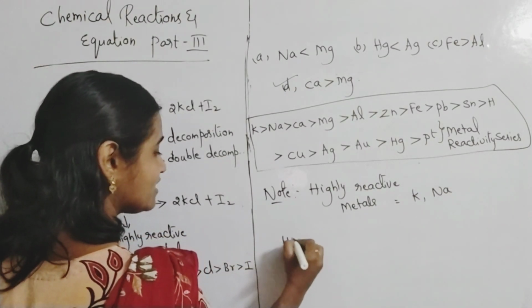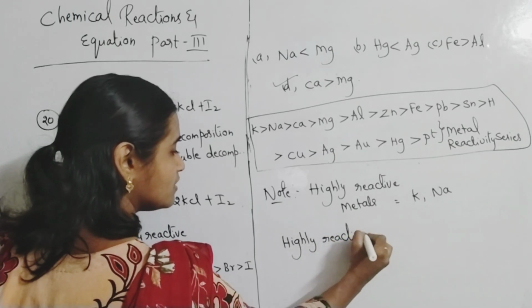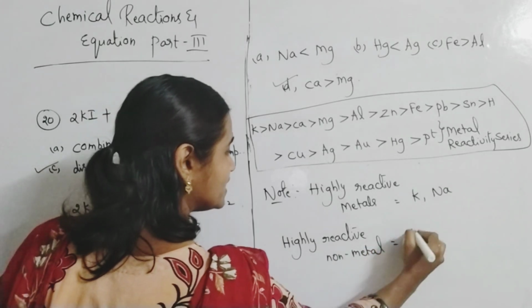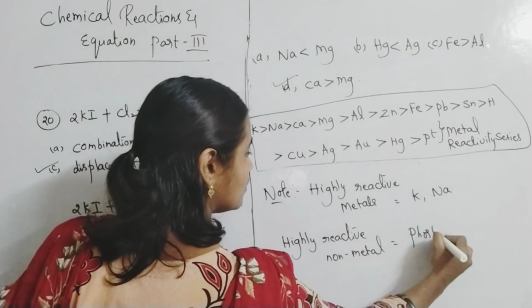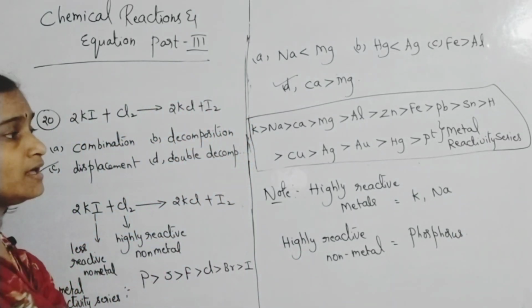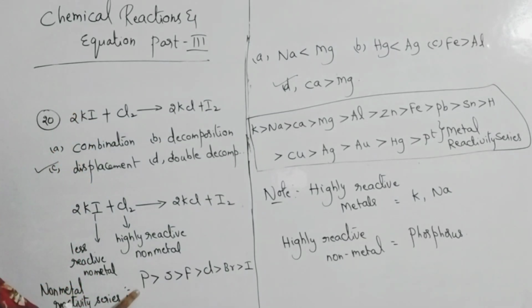Similarly, the highly reactive non-metal is phosphorus. Please remember these 2 points. This is an example for the metal reactivity series and this is an example for the non-metal reactivity series. See, I wrote it here. Please remember that point.